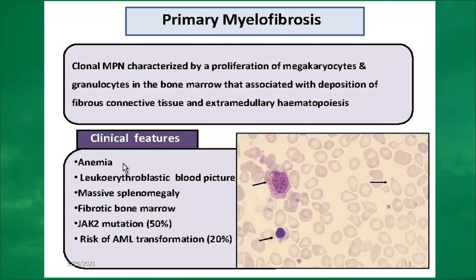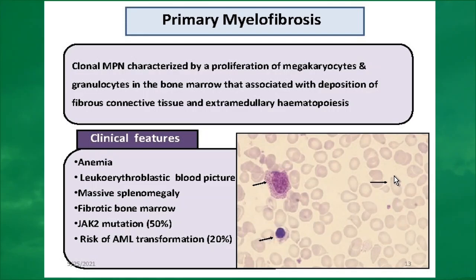Clinically, there will be anemia and leukoerythroblastic picture, which means left shift of WBCs, this is a myelocyte, and this is a nucleated RBC. This kind of a picture is called a leukoerythroblastic picture.